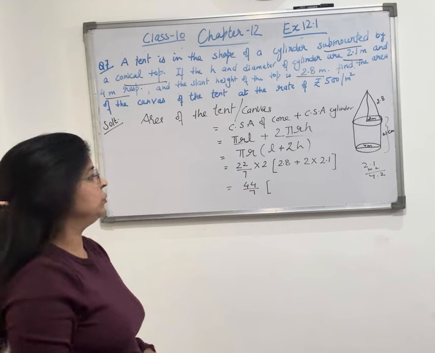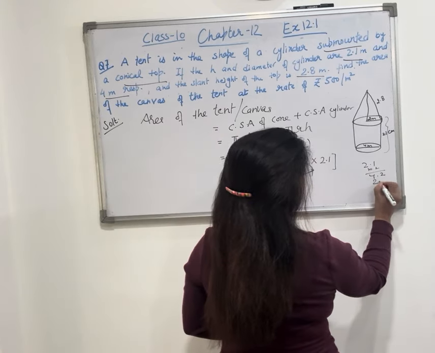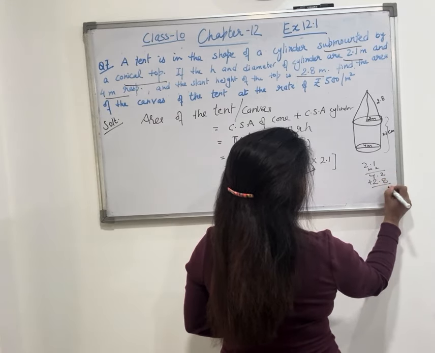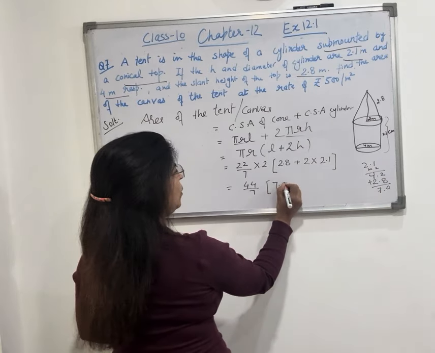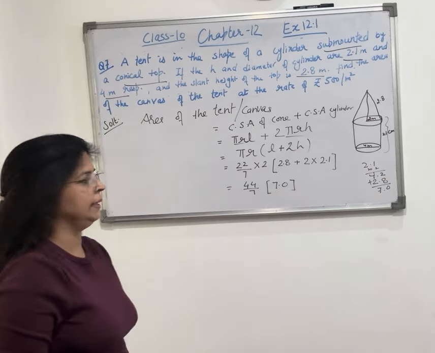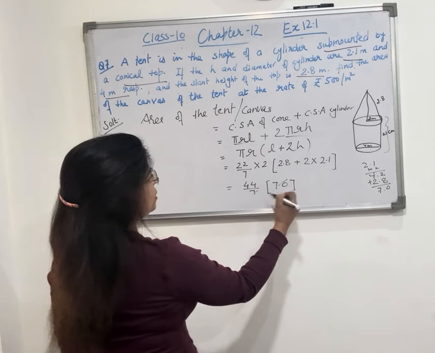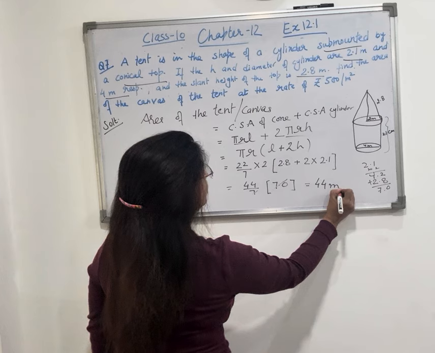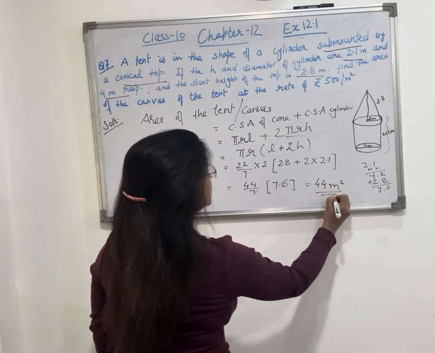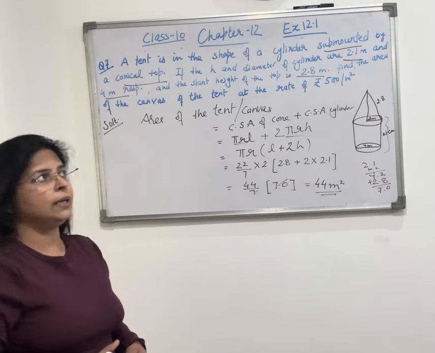And in this we have to add 2.8. So adding 2.8, it will give 7.0. So this 7 will cancel out with this 7. So we are left with 44. So 44 meter square is the area of the canvas.